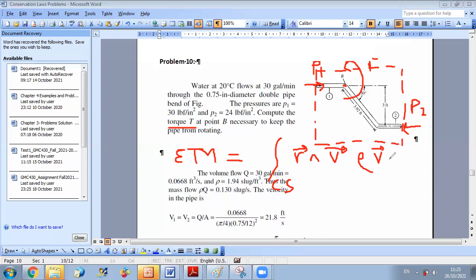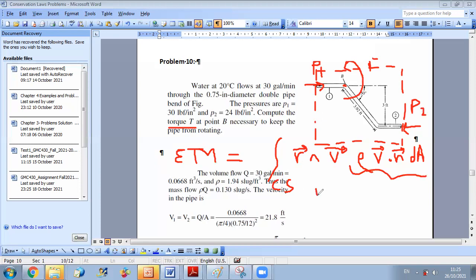In such a problem, the integral procedure is simple because you have uniform velocity at the inlet and the outlet. So this term, because you have uniform velocity, will give you m dot when you integrate.